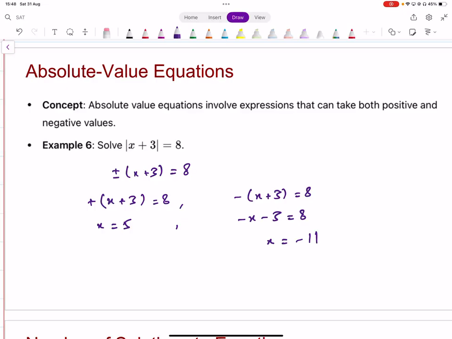Any problems? So whenever you have a modulus or absolute value function, this is the standard process for solving equations like these. Remove modulus, put plus minus, break your equation into two parts, one with the plus sign, one with the minus sign. Solve those two equations individually, and you should get the result from that.